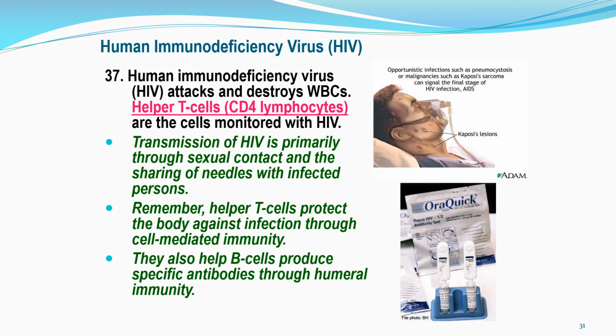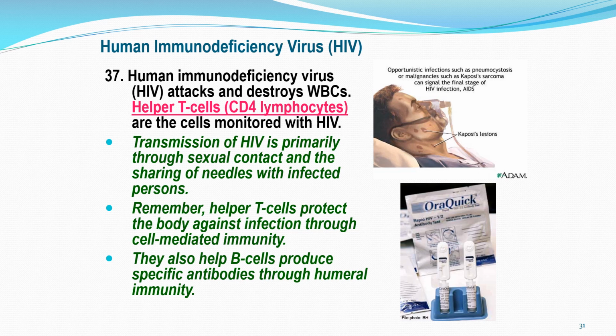So let's talk about the human immunodeficiency virus, HIV, okay? We know that HIV attacks and destroys WBCs. Helper T cells, CD4 lymphocytes, right, are the cells monitored with HIV. Transmission of HIV is primarily through sexual contact and the sharing of needles with infected persons.